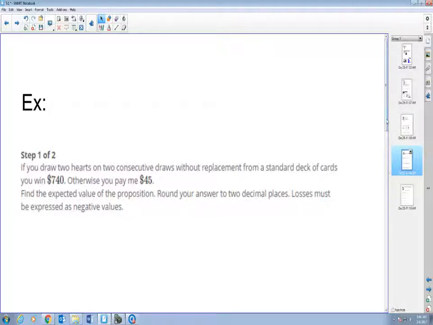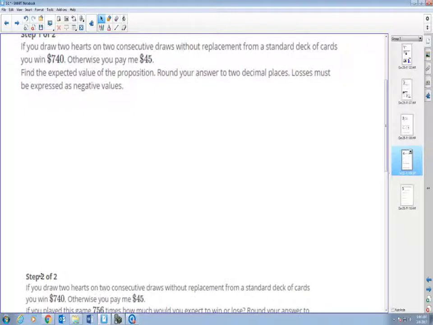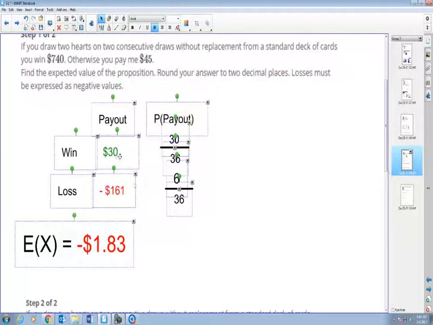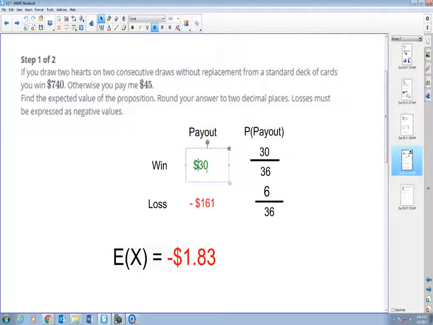Otherwise, you pay me $45. Find the expected value again. Alright, so let's think about this. The payout, you win $740. You lose if you pay me $45. So in this example, the win and loss are big swings.